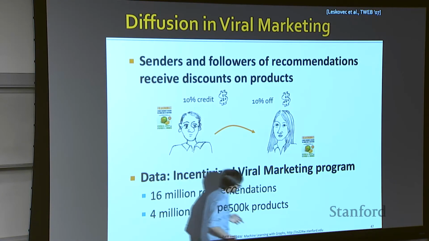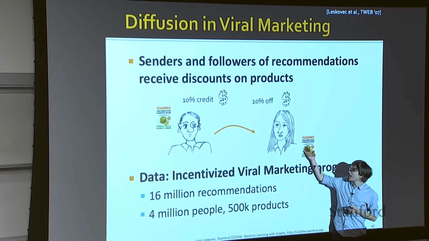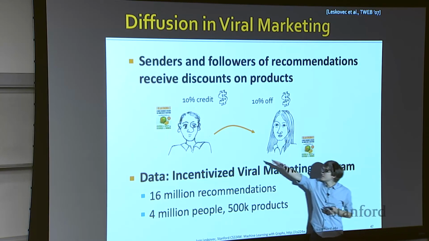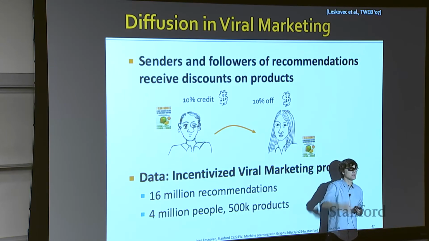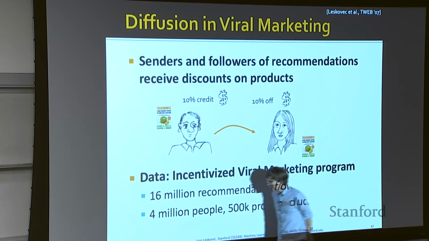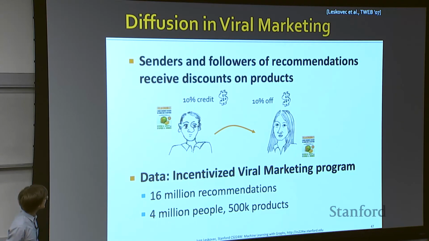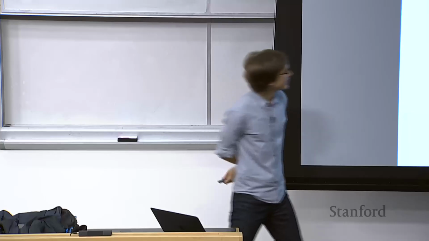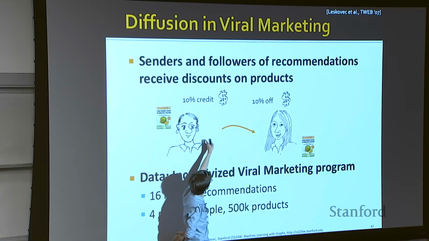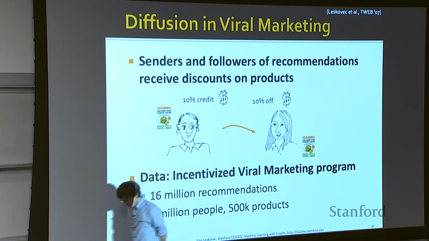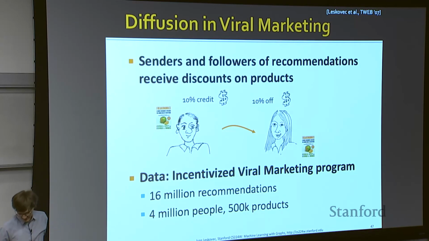So you can ask, how does the probability of you buying a book change as more and more of your friends recommend you that same book? And if you would get to buy books with discount, both of these people get excited and happy.